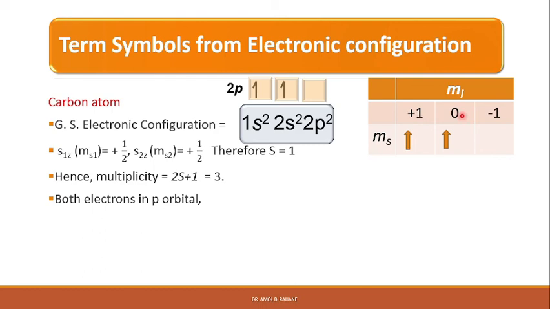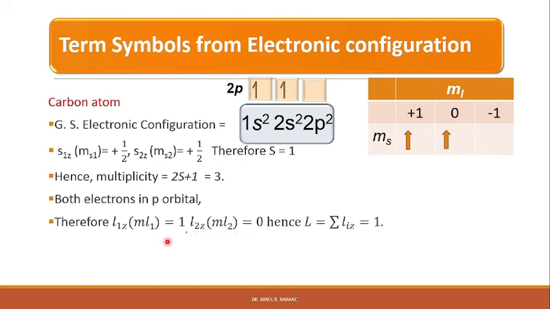And therefore we get ml1 is equal to 1 and ml2 is equal to 0, and hence total L is equal to the summation over li, that means 1 plus 0 is equal to 1. So we get L is equal to 1, that means P state.